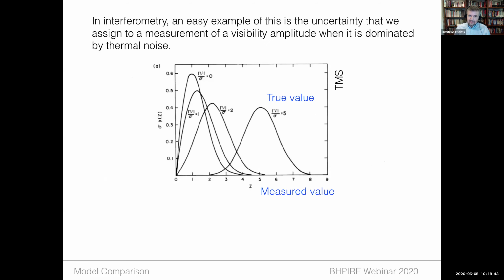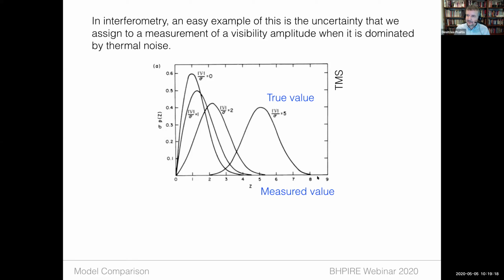And of all things, actually, radio astronomy and interferometry in particular is the prime example of why that is complicated. This is a plot that I picked out of the TMS book, the Basics of Radio Interferometry book, that shows, given a true value, suppose that you knew that your source gives a particular visibility amplitude, here normalized in terms of its error at a 5 signal to noise ratio, what would have been the distribution of measurements that you would make?